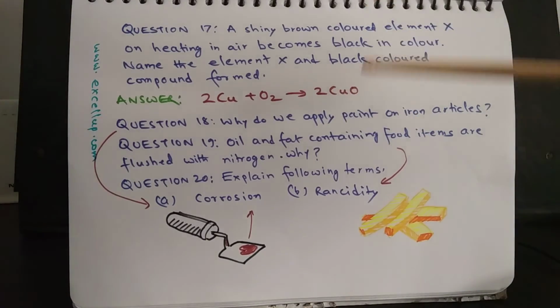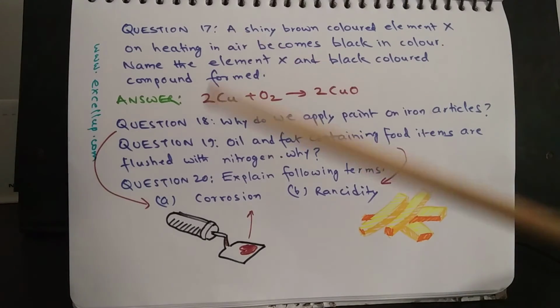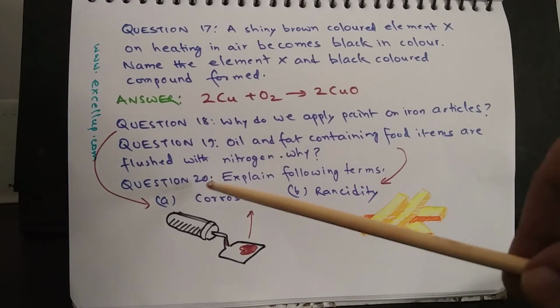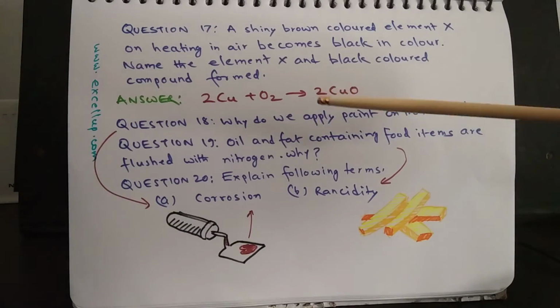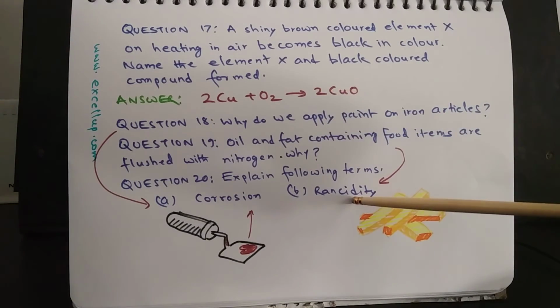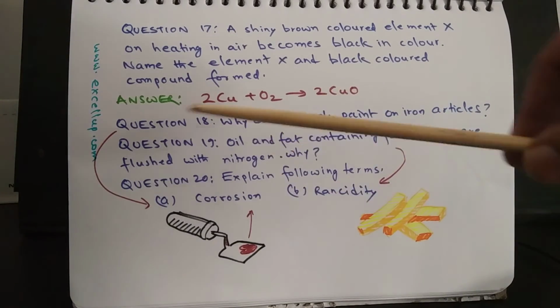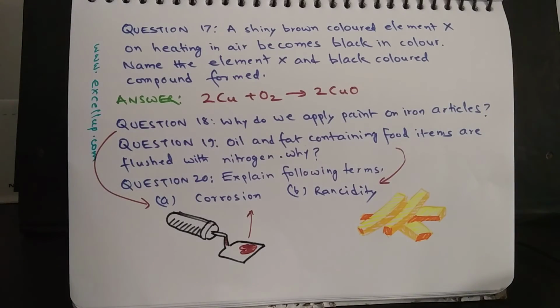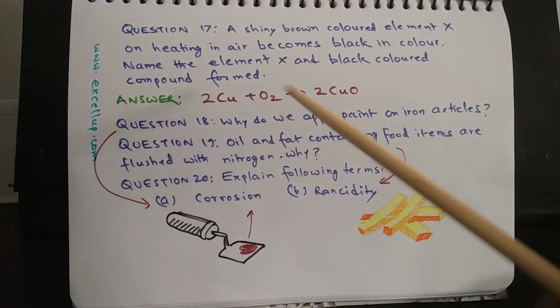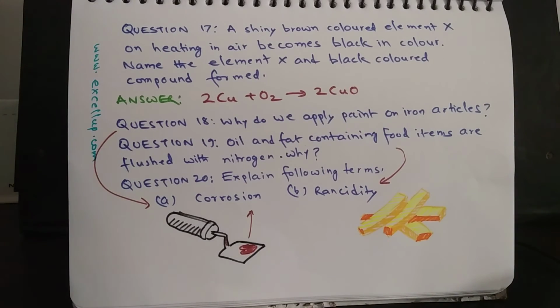Now question 18 is somehow related to part A of question 20, and question 19 is related to part B of question 20. So I have combined all these questions on a single page, 18, 19 and 20. Question 18 says, why do we apply paint on iron articles? And part A of question 20 says, explain corrosion.